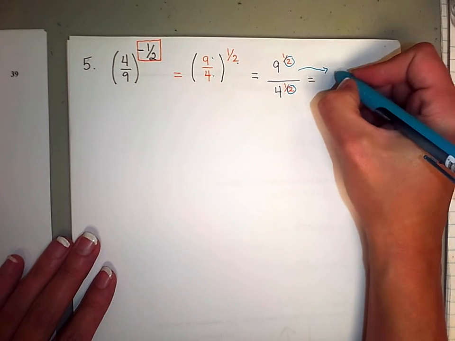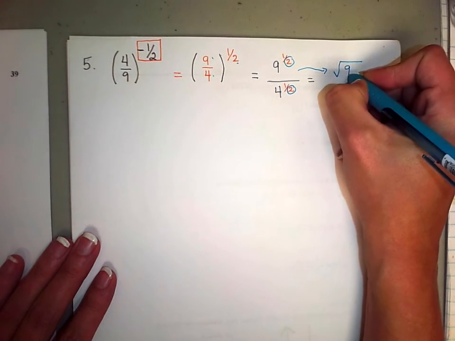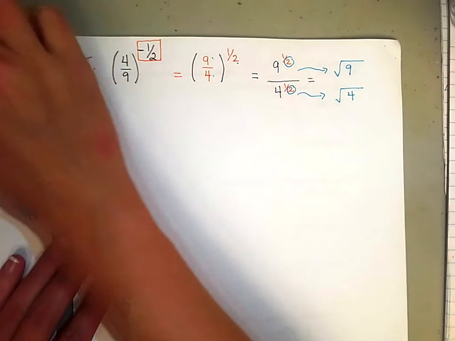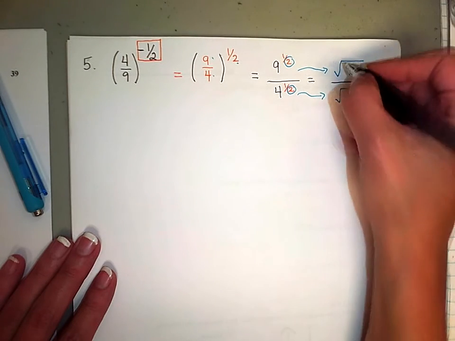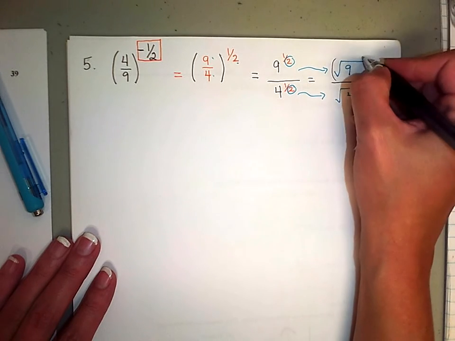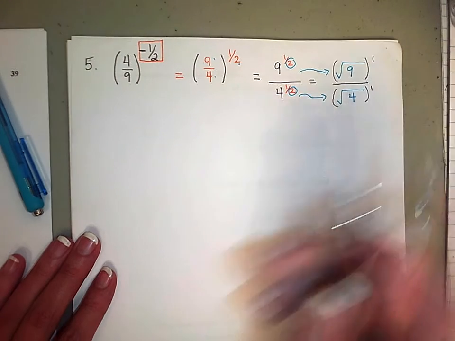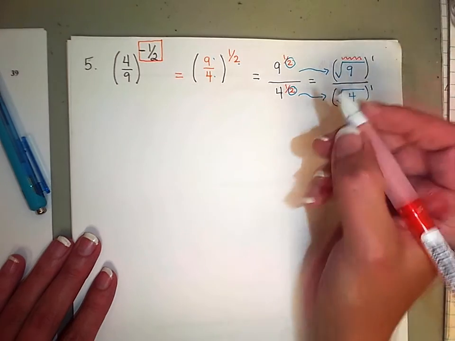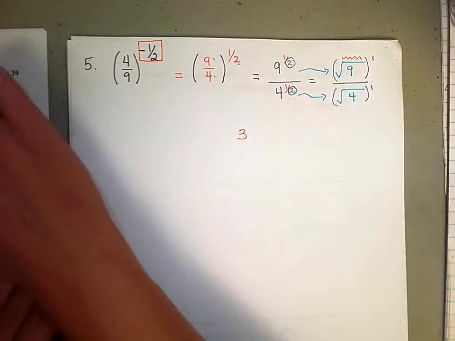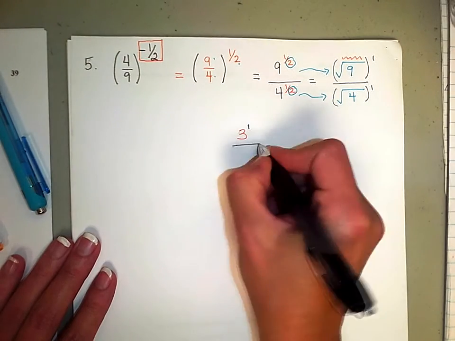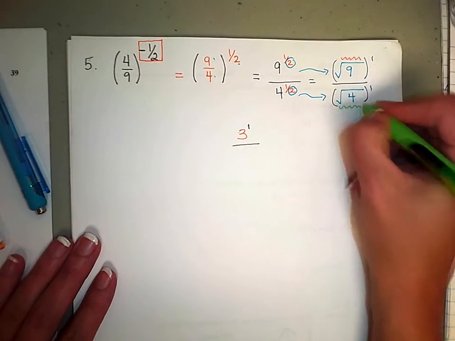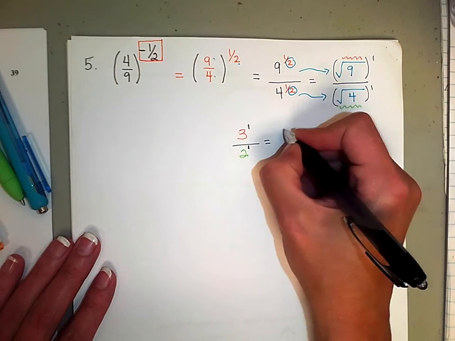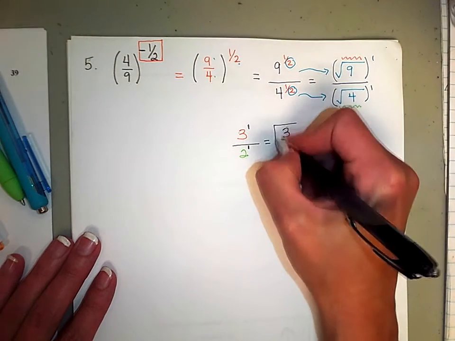So this will be the same thing as the square root of 9, and this will be the same thing as the square root of 4. And these are to the first power, if you want to think about it that way. Alright, and now we can simplify this. The square root of 9 is 3, still to the first power, divided by the square root of 4 is 2, still to the first power, but anything to the first power is just itself.